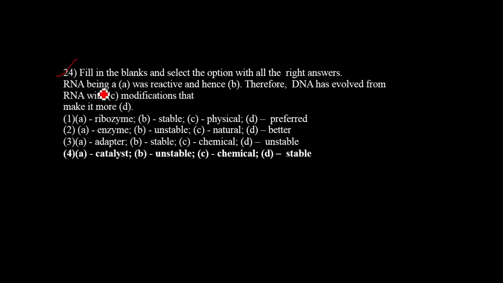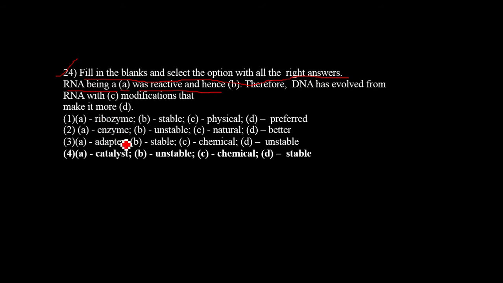Question number 24. Fill in the blanks and select the option which has all the right answers. RNA being a dash was reactive. RNA being a catalyst, hence it is reactive.